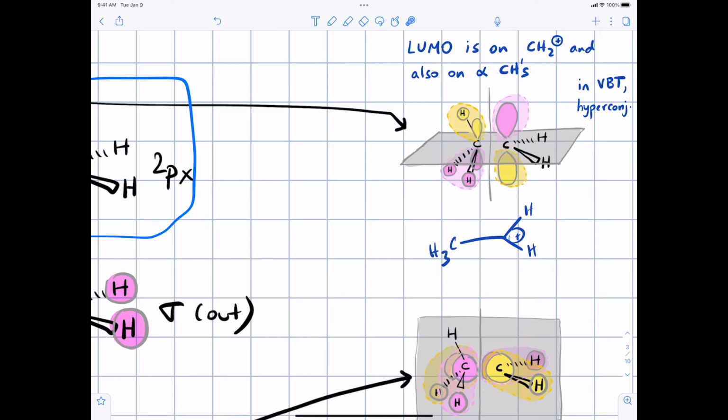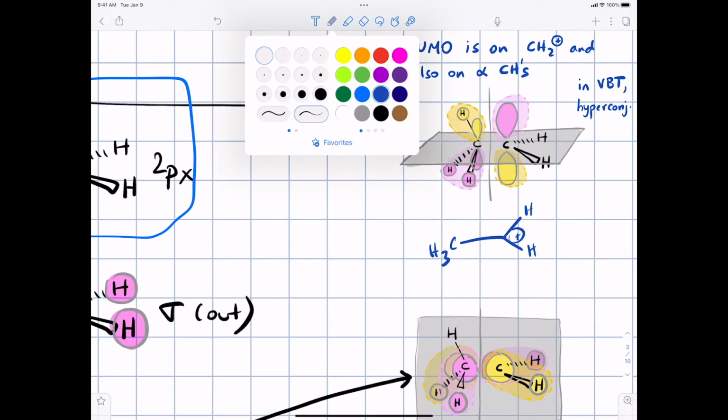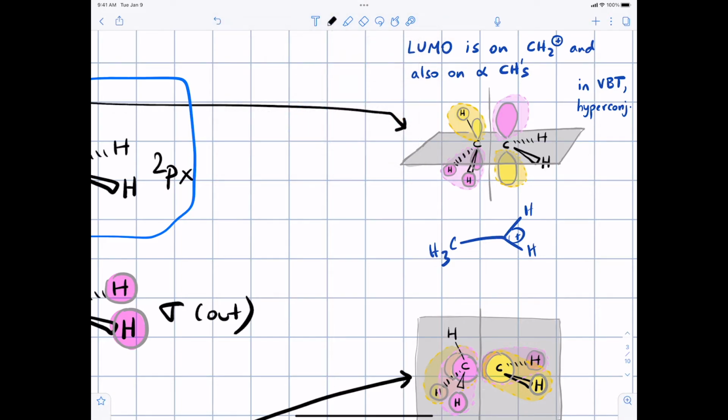So when a nucleophile comes and attacks the LUMO, now you may have wondered before with the SN1 versus the E1 reaction, why is it a choice and how do you know, and why are both options possible? The answer simply is that the LUMO is on both places. So a nucleophile can choose to attack the LUMO here, or it can choose to attack the LUMO there.